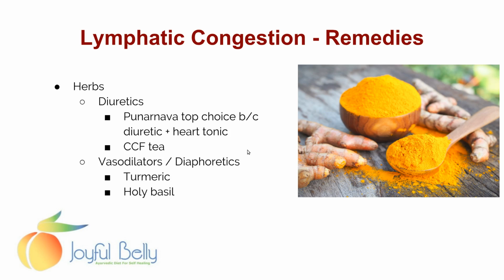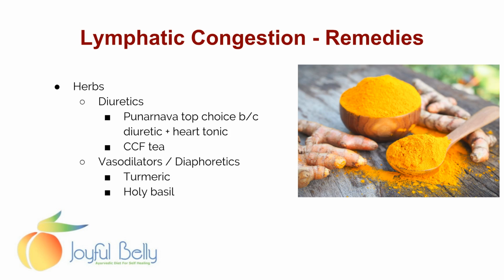Among herbs, punarnava is one of my top choices because it's not only a diuretic, but it's also a heart tonic. And that makes it, I think, really good for lymphatic congestion. Guduchi is also good because it's a vasodilator and diuretic. Here are some herbal vasodilators and diaphoretics that will improve circulation as they dilate blood vessels.